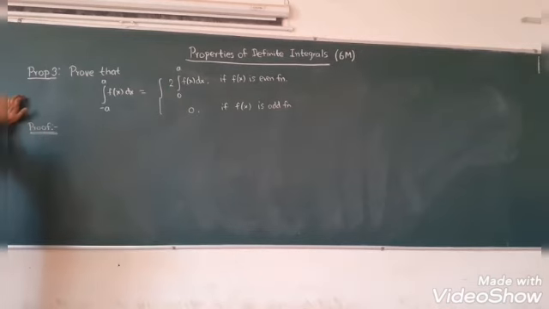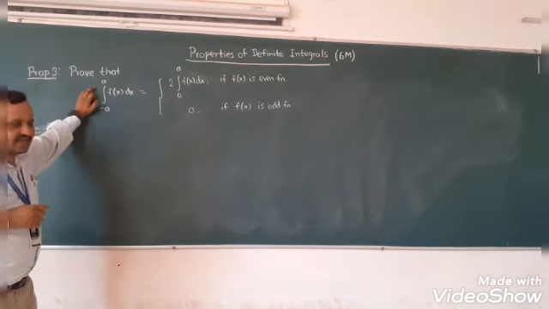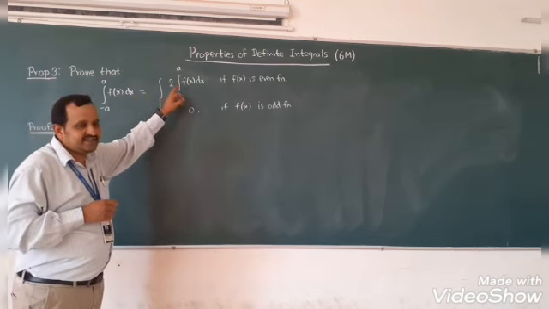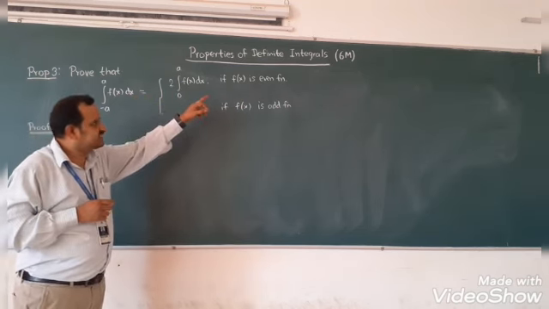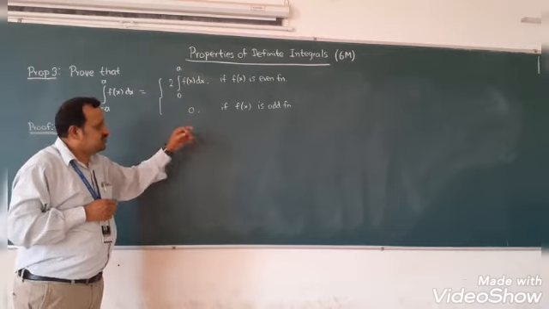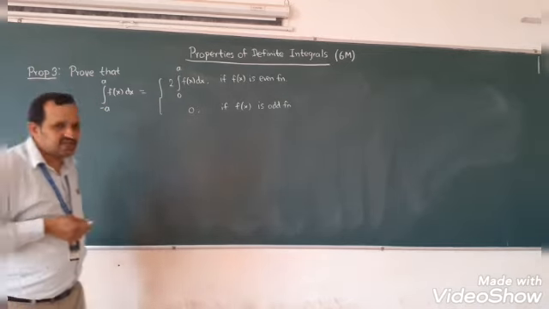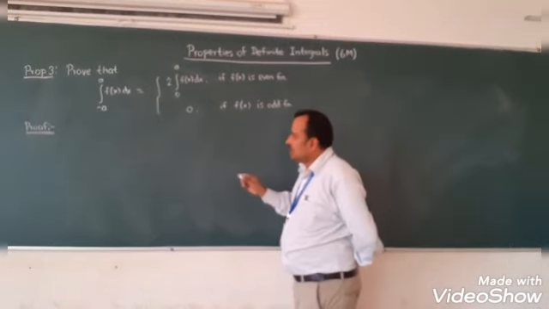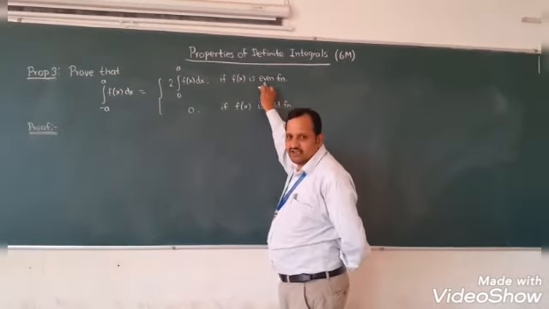Let us see the next property, a very important property. Look here: integral from minus a to a of f of x dx is equal to 2 times integral from 0 to a of f of x dx if f of x is an even function, and 0 if f of x is an odd function. So you should know what is an even function and what is an odd function. In the exam they will give only the even function.